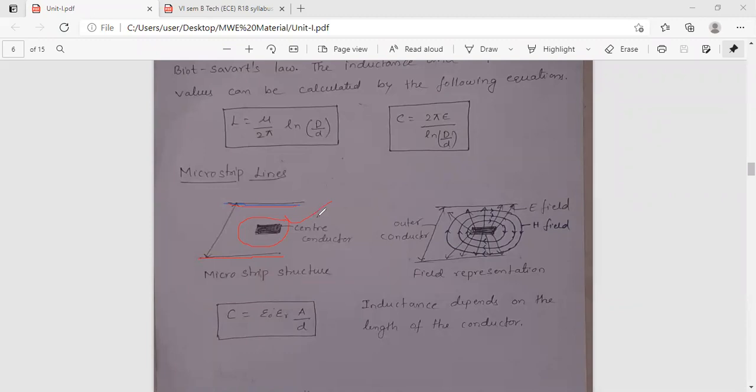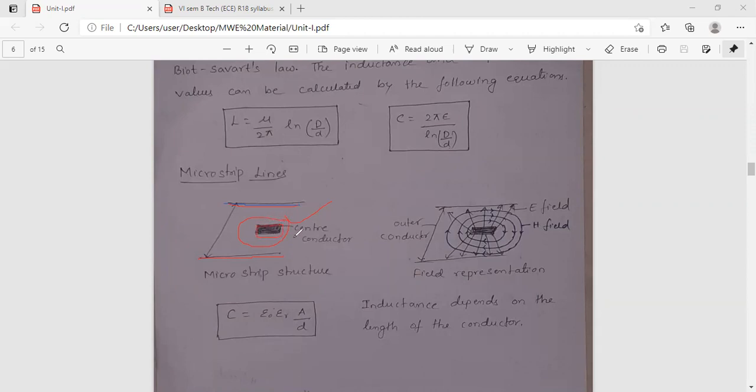Or you might have noticed that if there is a puncture in a cycle tube, we use patches of different shapes. It is the same kind of patch, but it is a conductor, and here a rectangular shape of the patch is taken.